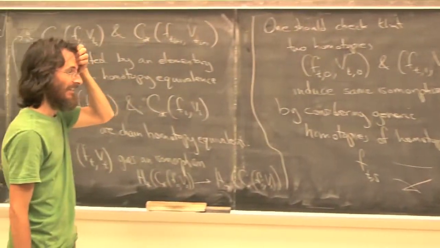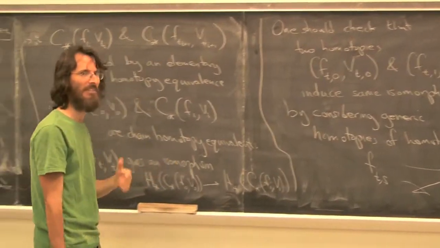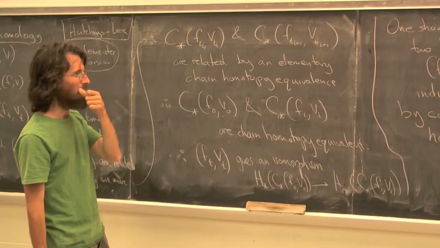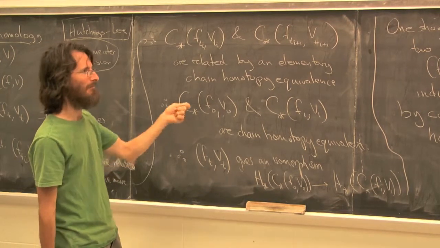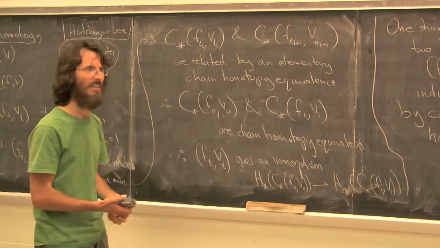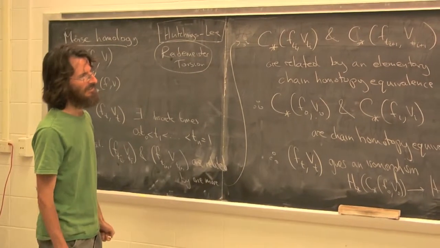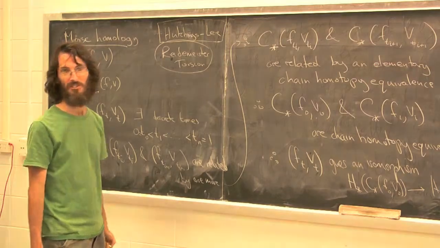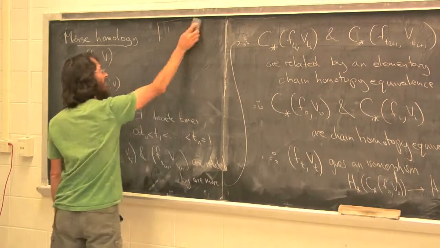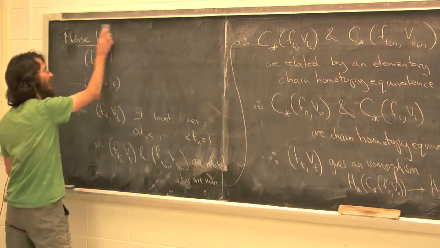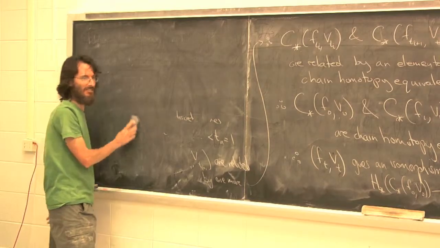I just throw this out as some sort of general thing that I don't think is really well understood. One way to do it is to explicitly find the homotopy from F0, V0 to F1, V1, and that's not always easy to do. If someone throws at you two different Heegaard splittings of the 3-manifold, it's not always easy to figure out how to go from one to the other by stabilizations and Hamiltonians.